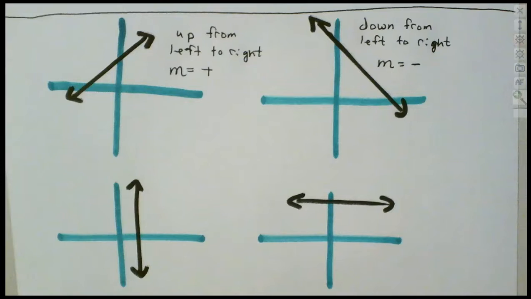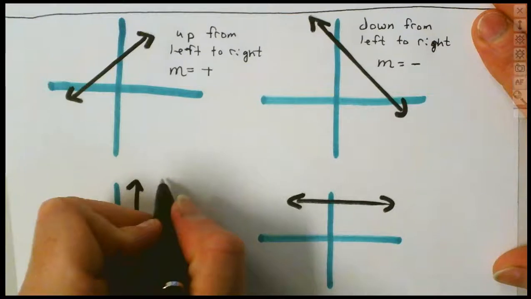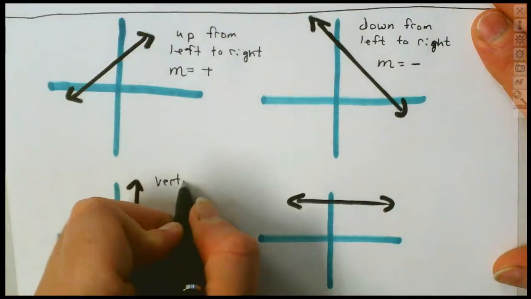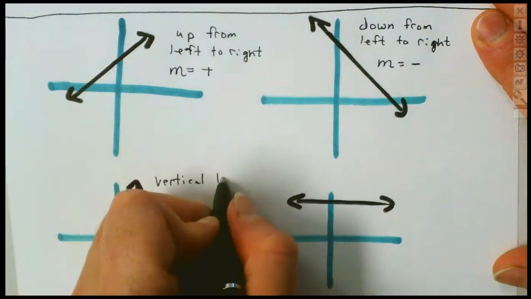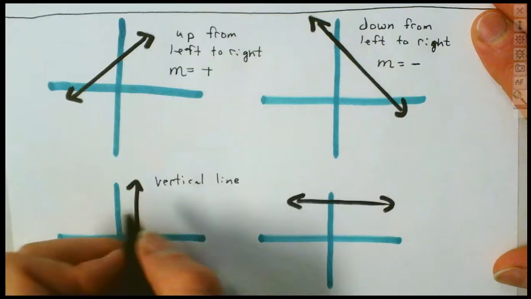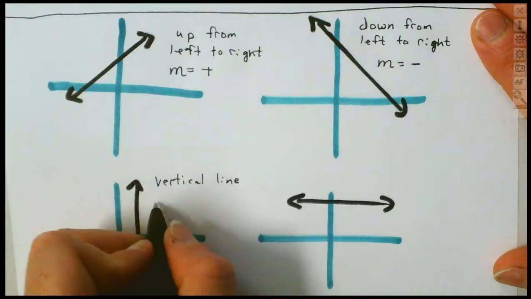If it goes down from left to right, it's negative. Vertical line. Now, a vertical line has an undefined slope.